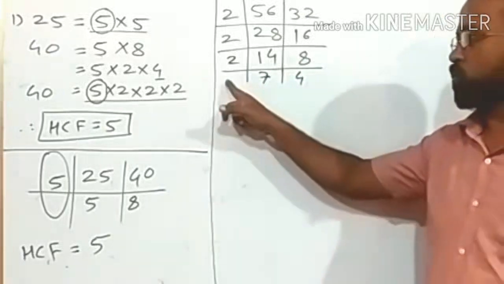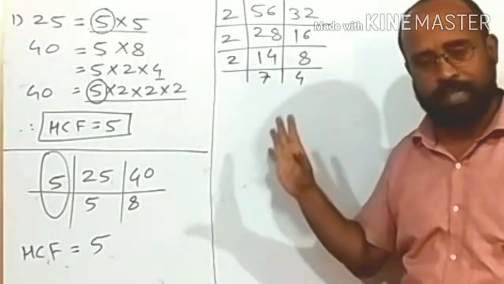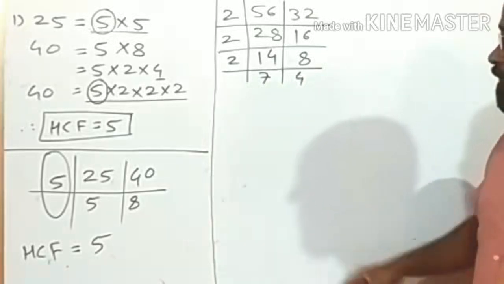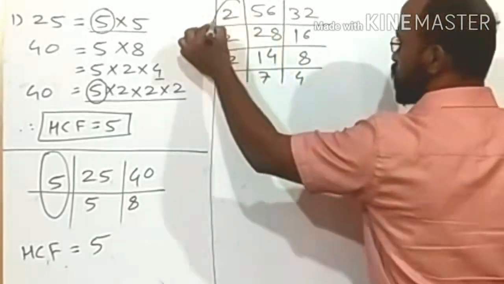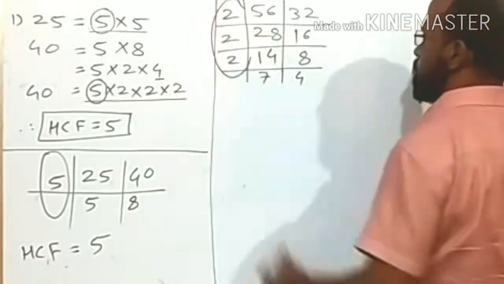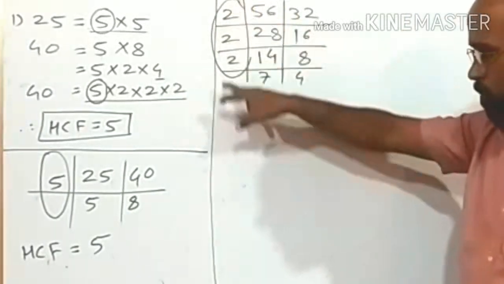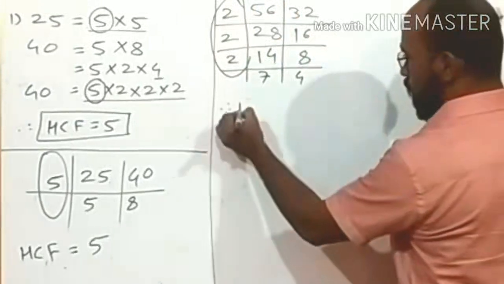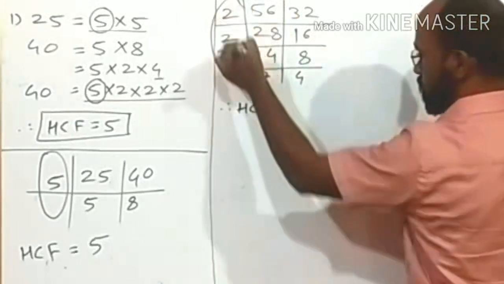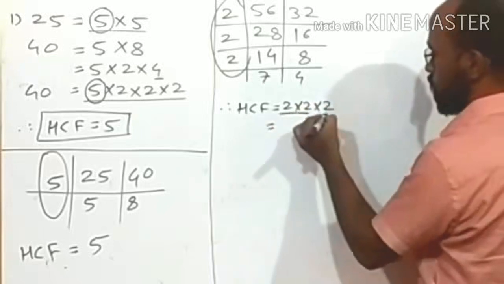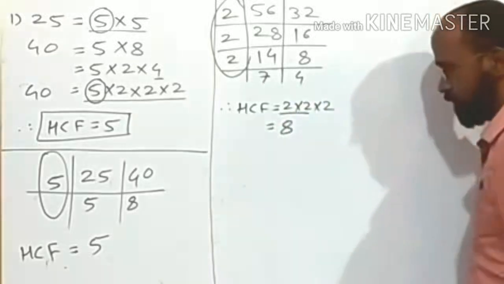So we have to stop factorization over here. Clear? And how to write the answer? The answer will be nothing but the multiplication of numbers in the first column. HCF is nothing but the multiplication of numbers in the first column. Therefore, HCF is equal to the multiplication of this 2 into 2 into 2, which is 2 twos are 4, 4 twos are 8.